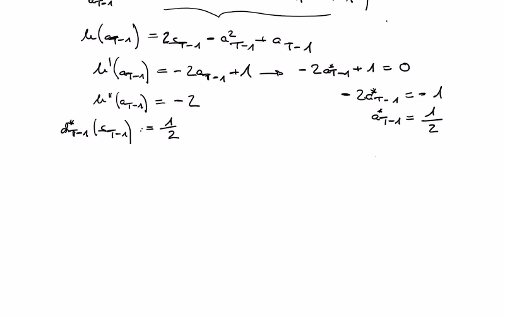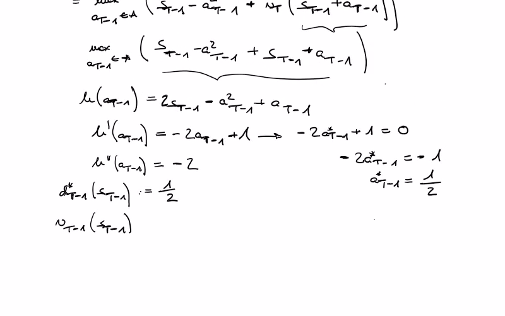Now, what is the optimal value function at t minus 1? This we need to find. And this is, of course, well, not of course, but this is this function here, if we substitute the optimal action.